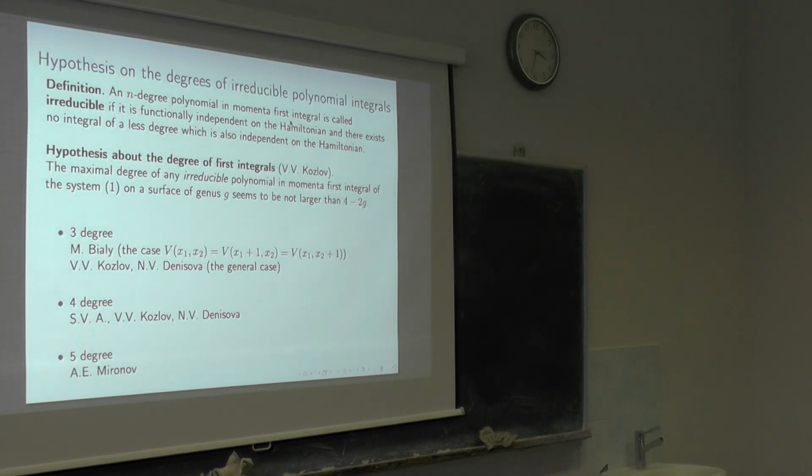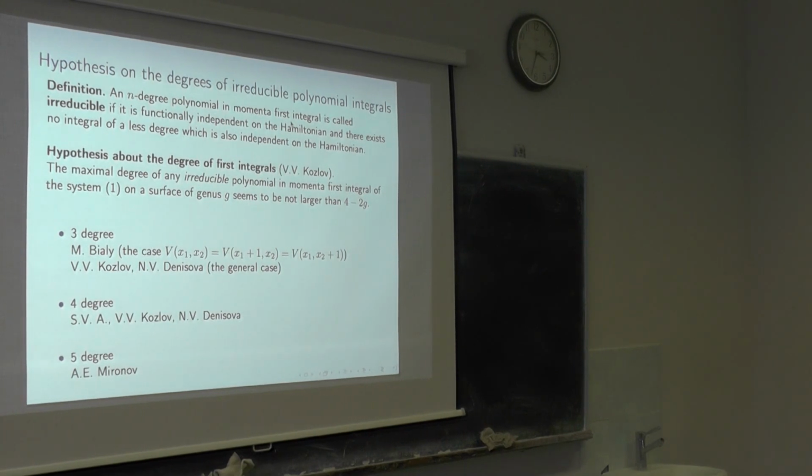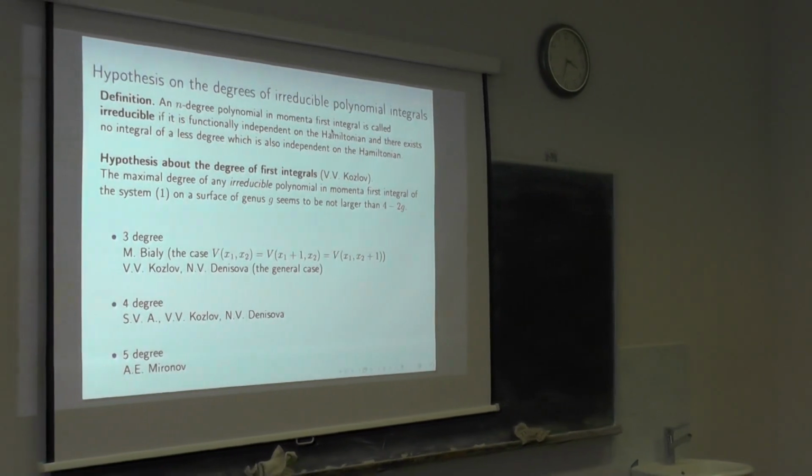It means that the hypothesis of Kozlov holds in these two cases for integrals of third and fourth degree. As to the fifth degree, Andrei Evgenievich Mironov proved that this hypothesis holds always, except some special cases of the potential, in which cases it is still not clear if it is true or not.